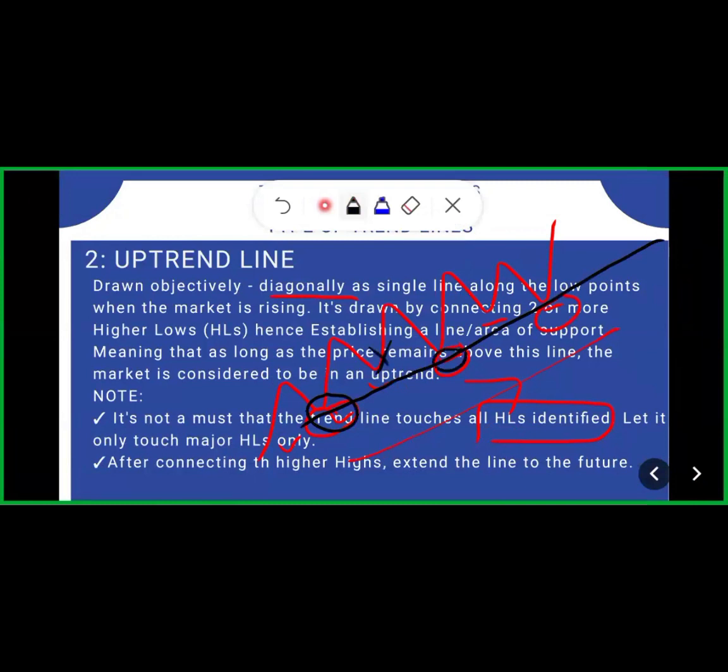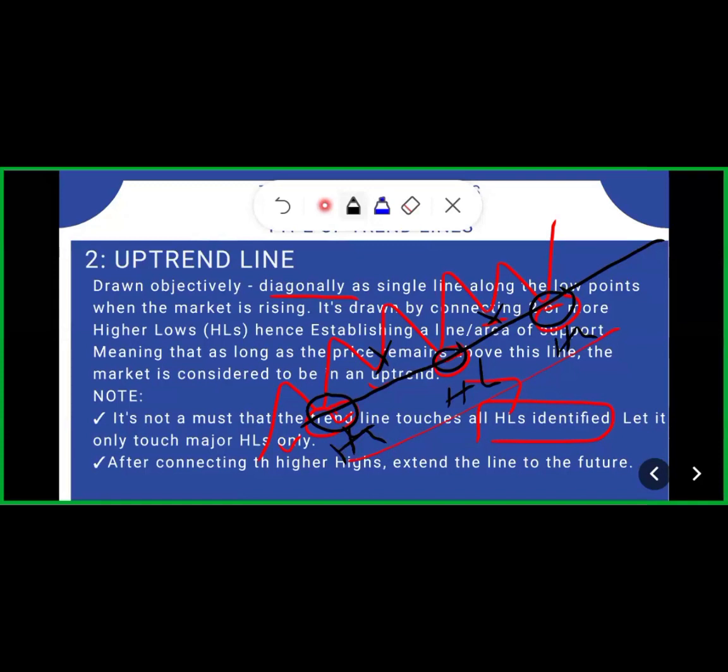This point has touched, this point has not touched. This point has touched. So meaning you were interested in only connecting the 3 key higher lows. You get that? So that's why here I'm saying a note that it is not a must that the trend line must touch all the higher lows identified. No, just identify the key. As long as it can touch 2 or 3, it is okay.